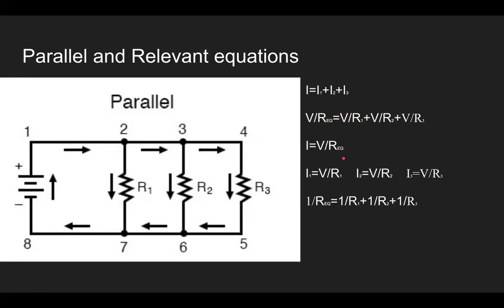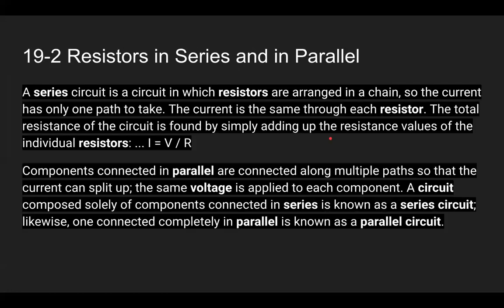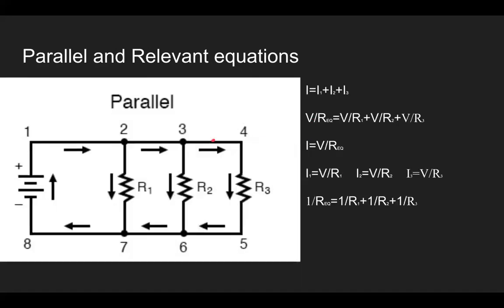All right. So all these equations you can basically solve for yourself if you know the rules, right? We had our initial equation, I equals V over R, which we're just playing around with here.